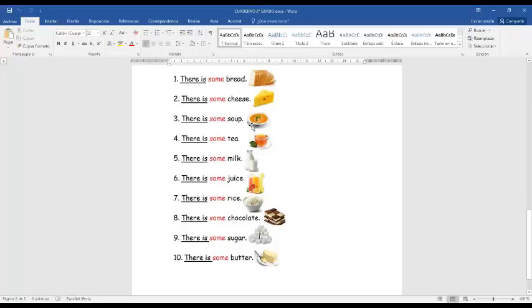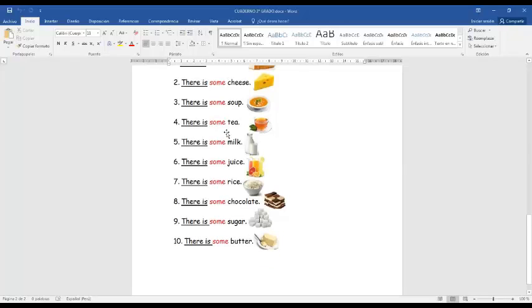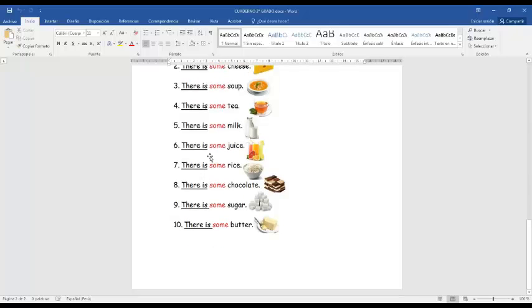There is some soup. Number 4, there is some tea. There is some tea. Number 5, there is some milk. There is some milk. Number 6, there is some juice.